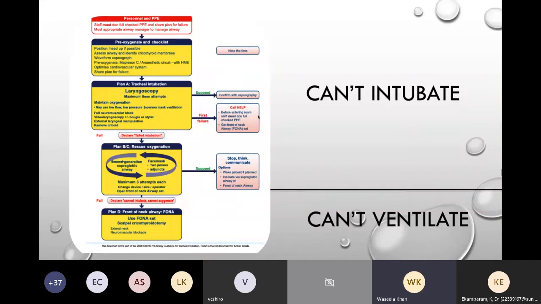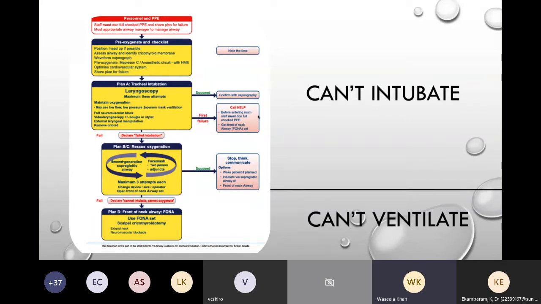However, there's also a misconception that front of neck airways pose an increased risk to the practitioner, that it is considered an aerosolizing procedure. But according to a systematic review, the front of neck airway poses a lower risk of aerosolization than tracheal intubation. Therefore, it doesn't place the practitioner at increased risk of infection.